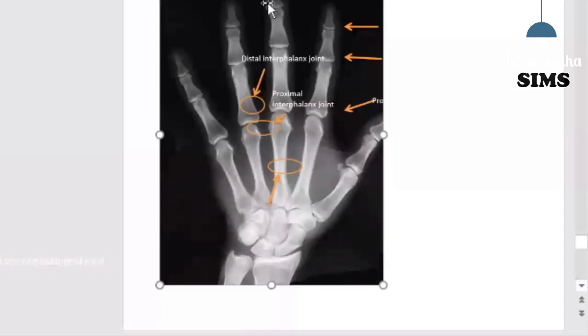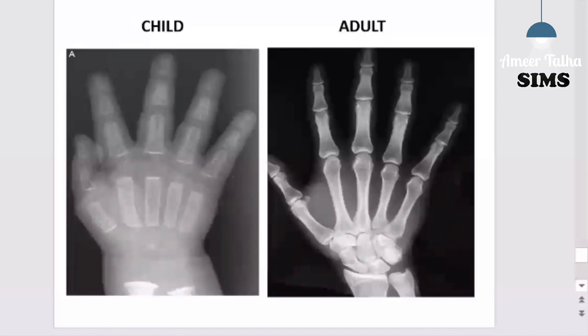So, for the purpose of knowing the difference between the adult and the child, this slide has been taken over here. As we are aware, before the closure of epiphysis, the ossification is going on in various parts.